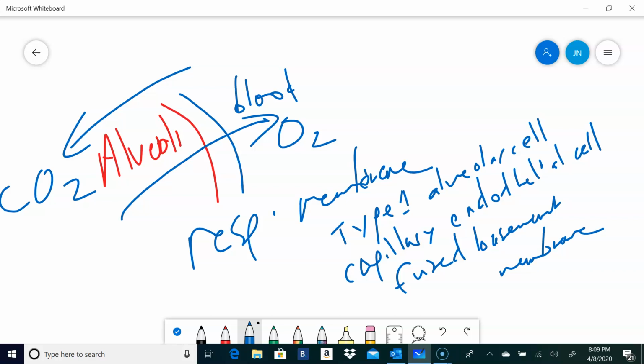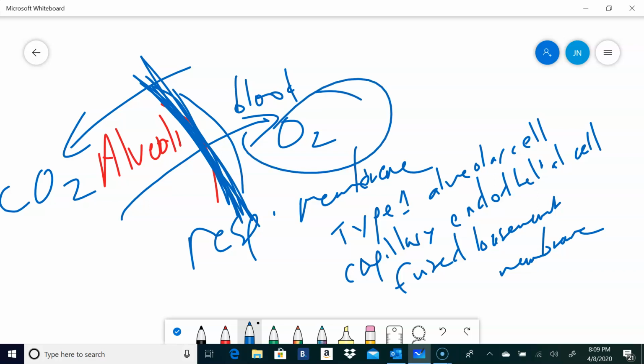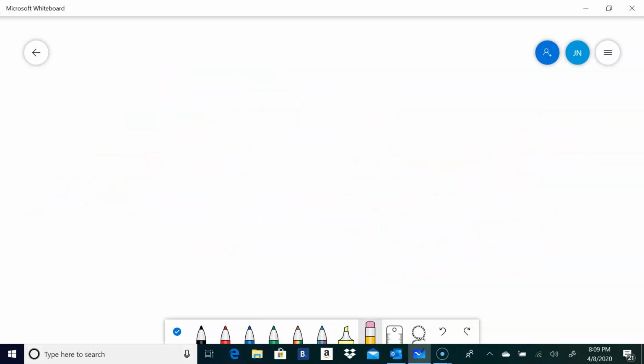So what happens if you have pneumonia? Well, if you have pneumonia, what's going to happen is that fluid is going to build up here. Now, while carbon dioxide could feasibly move through this, oxygen is not very soluble. It takes quite a bit of pressure to make oxygen go into your blood to begin with.